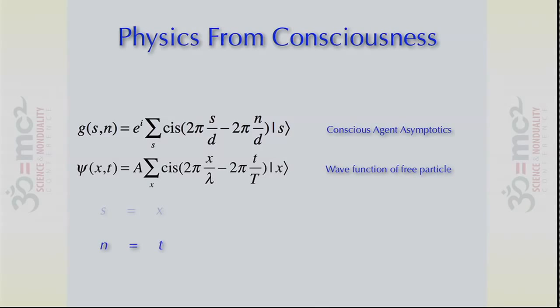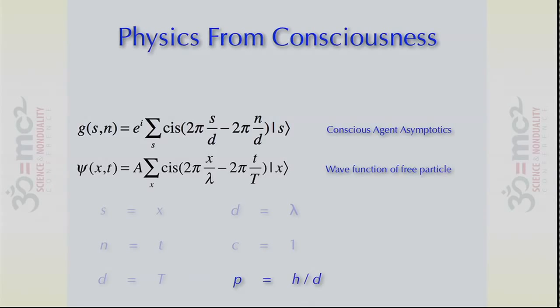The time t for the particle corresponds to the experience counter of the agents. The period d of the agents corresponds to both the central time period and the wavelength of the particle, and the speed of light is in units of 1.